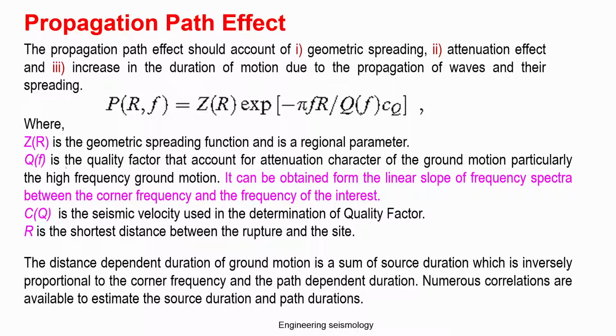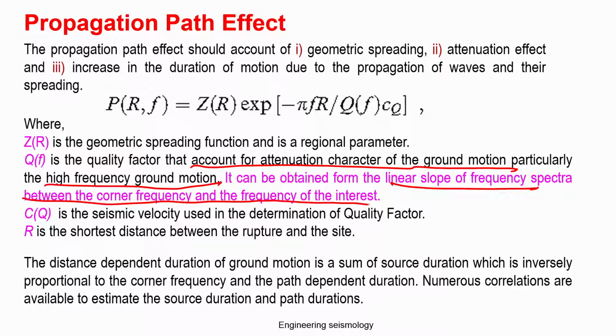Here Z(R) is the geometric spreading function, and it is a regional parameter that can be estimated from minor recorded earthquakes in the region. Q(f) is the quality factor accounting for attenuation characteristics, particularly of high frequency ground motion. It can also be obtained from the linear slope of the frequency spectra between the corner frequency and the frequency of interest, using regional data.